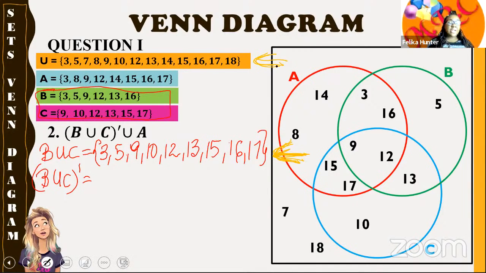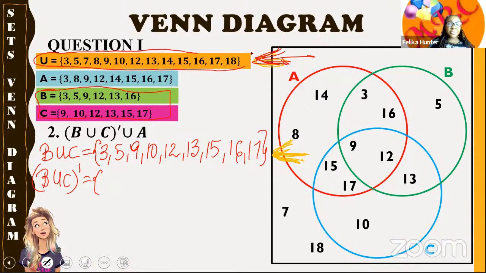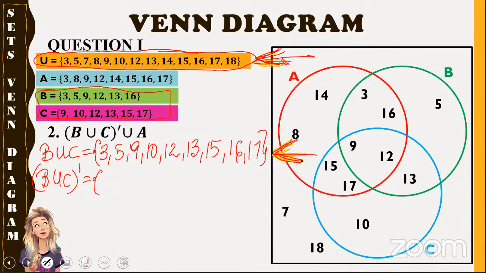So let's separate the persons now. Everybody came into the airport called U, but some came on the flight called B union C. Everybody who didn't come on this flight, we are going to allow to go home. So let's find the persons who didn't arrive on the flight B union C. Can you tell me the persons who traveled through this airport, which is the union, but did not arrive on this plane?